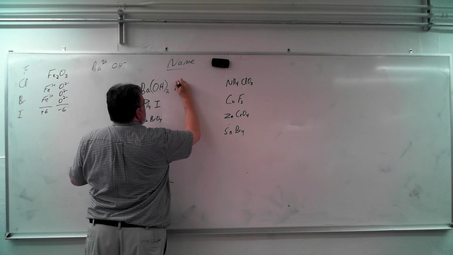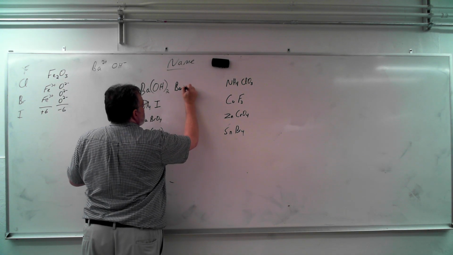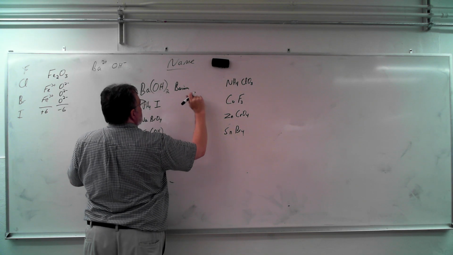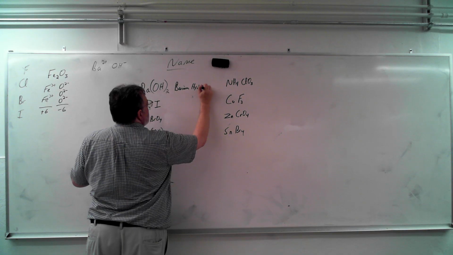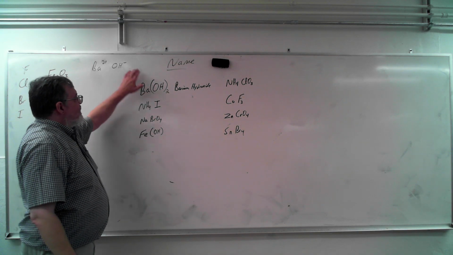You would go, Ba is barium, and the OH is called hydroxide. If you look in that table, you'll see that OH is called hydroxide.